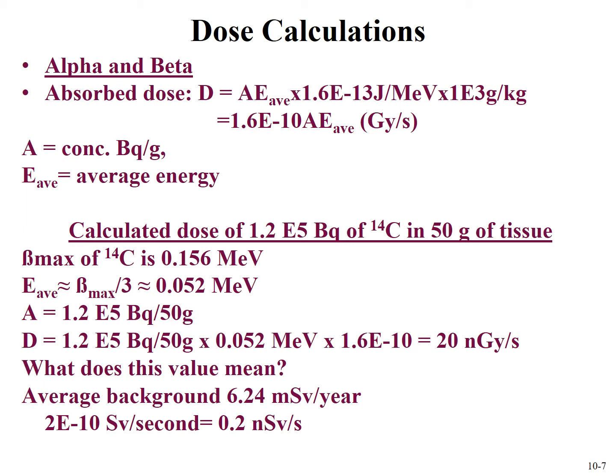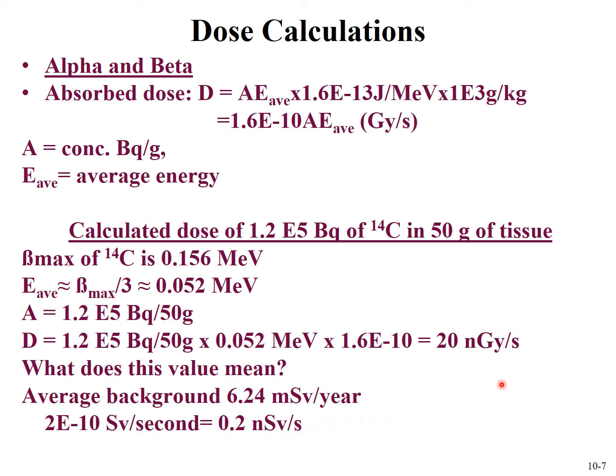Doesn't sound like a lot. The question is, how can we compare what this value is so we get an idea of whether or not that's actually a high or low dose? Well, if we compare it to the average background, we stated that the average background is 6.24 millisieverts per year. That winds up being about 2 times 10 to the minus 10 sieverts per second, or 0.2 nanosieverts per second.